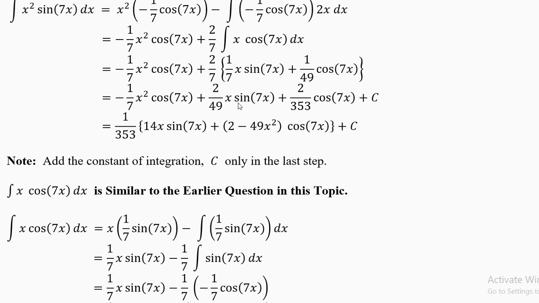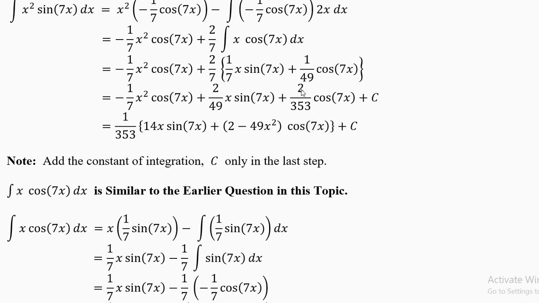Now integration here is over, but you have these different numbers here. So now you take a common denominator of 353 outside, 1 over 353. Now multiply this with 49. You'll get minus 49x square with the cos 7x.